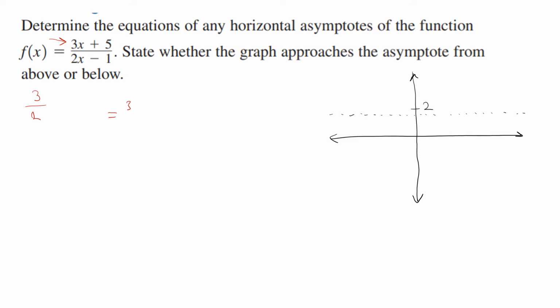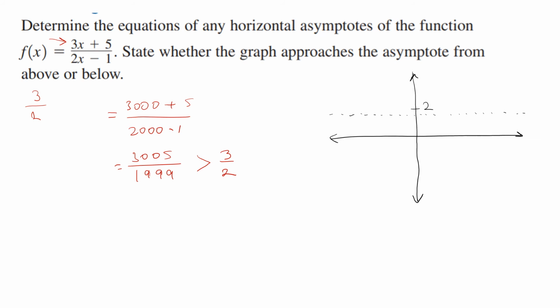So I would get 3000 plus 5 all over 2000 minus 1, which gives me 3005 over 1999. So from here, I see that my value is bigger than my horizontal asymptote value.